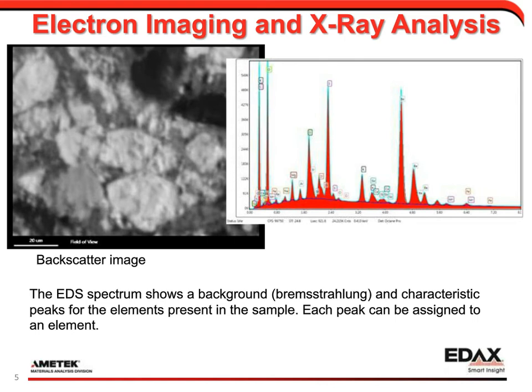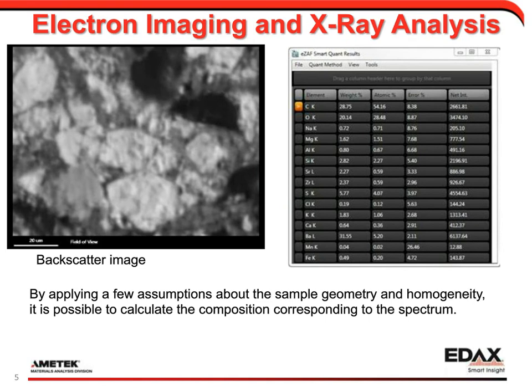With this spectrum, if we make a few assumptions about the sample, basically we assume it's flat, homogeneous, and thick, we can calculate the composition of the sample that corresponds to the spectrum we acquired. And we can see here that this sample shows up primarily being carbon and oxygen, with a lot of other different elements in smaller concentrations in there.